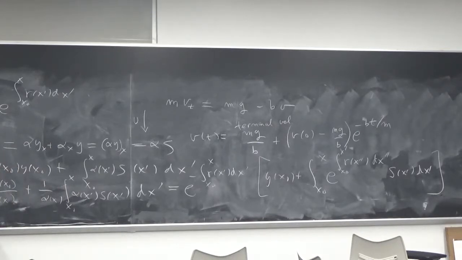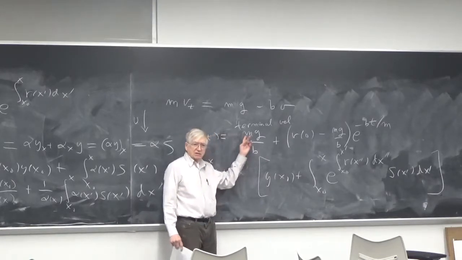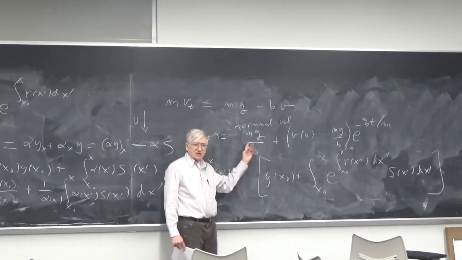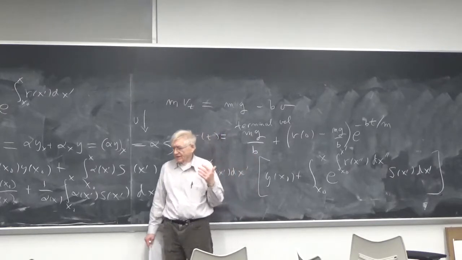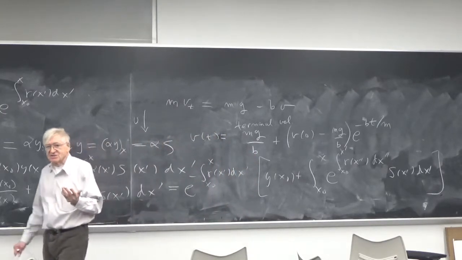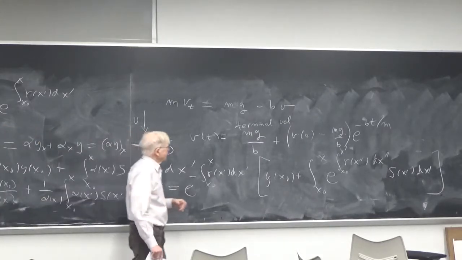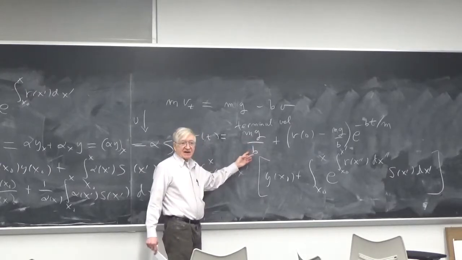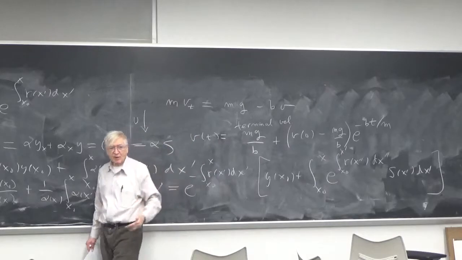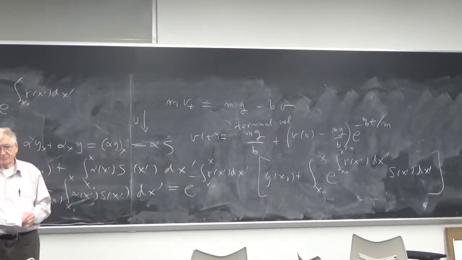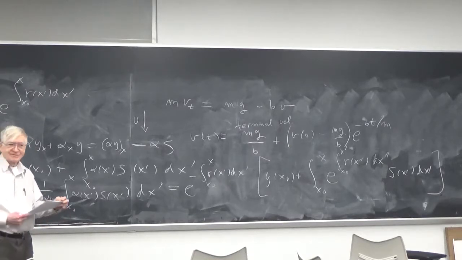On the other hand, you can see if the mass is small, then the terminal velocity isn't very big. And that's why insects manage to fly around, because the ratio of m over b is fairly small. So they don't fall, their terminal velocity is quite low. And that's why mosquitoes are a problem, basically.